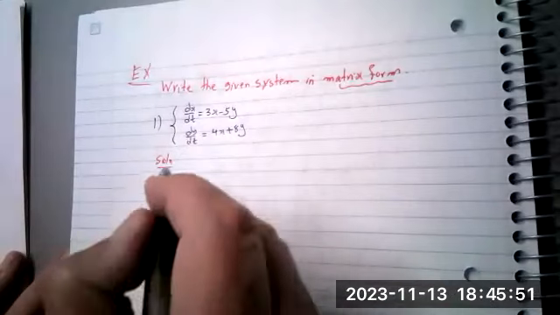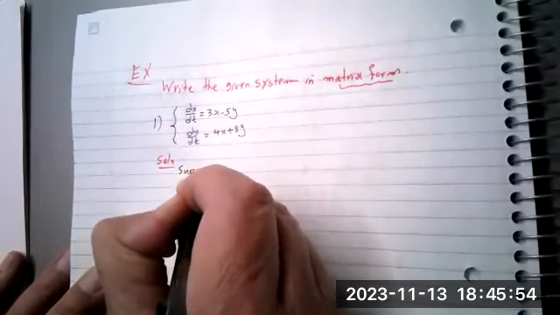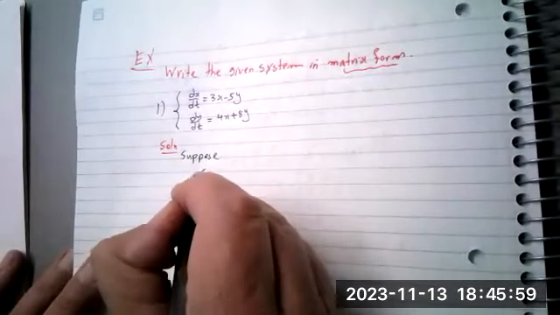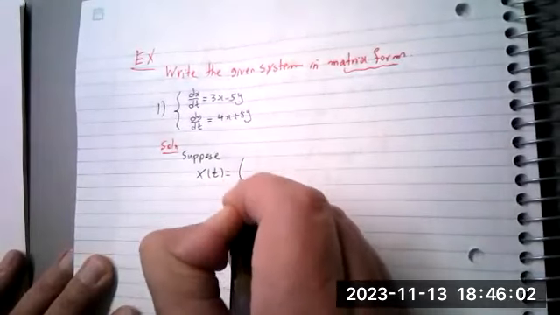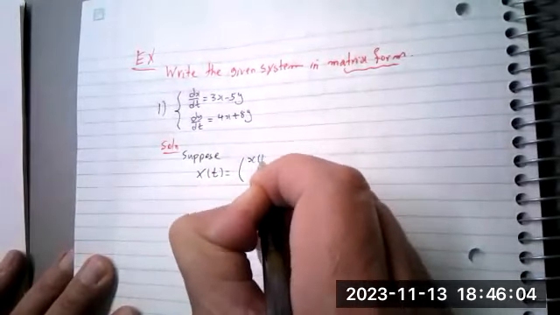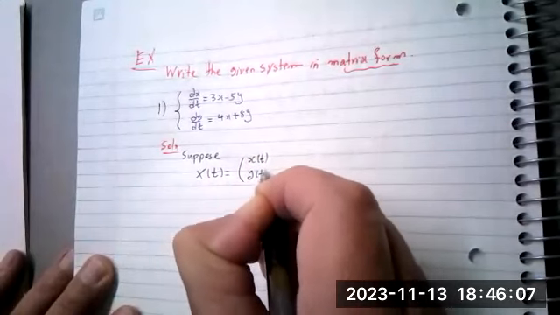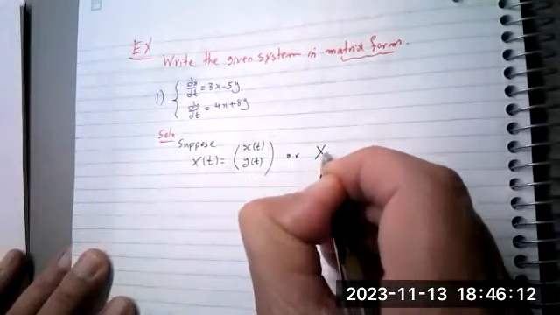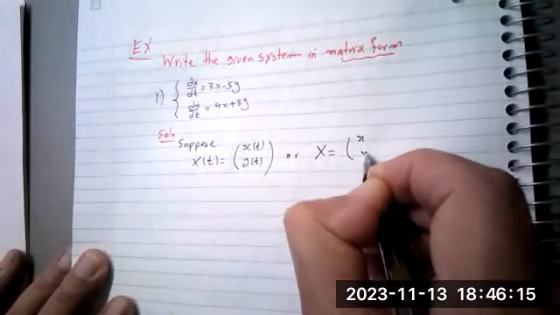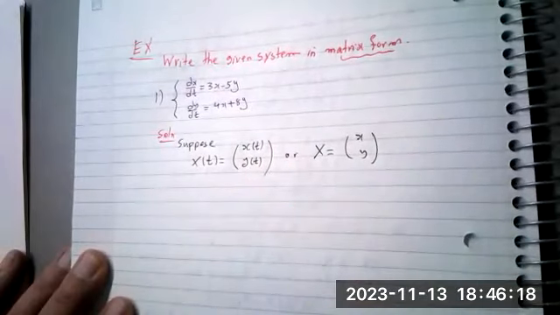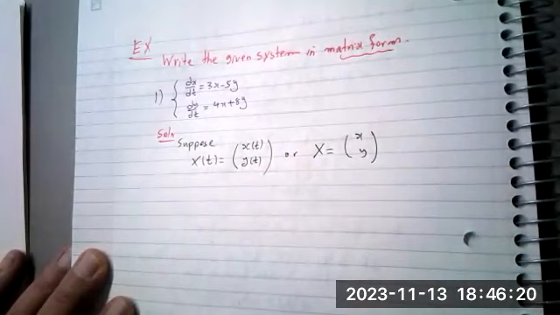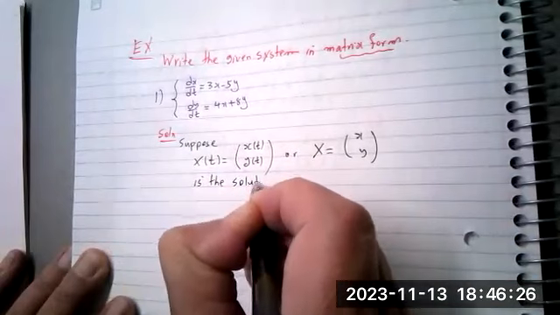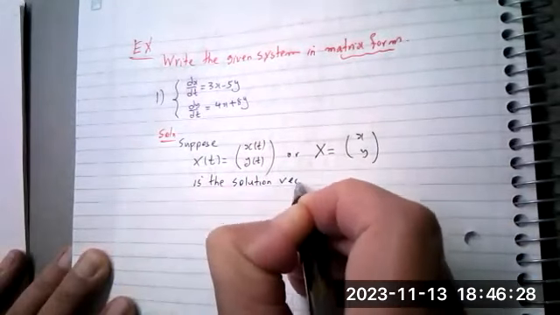You suppose x of t is going to be x of t, y of t, or in short, a column vector x, y. We suppose this is going to be your solution. We call it the solution vector.